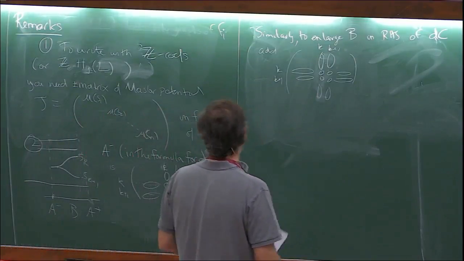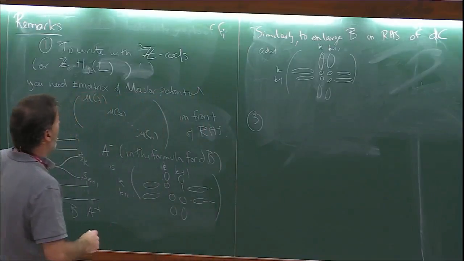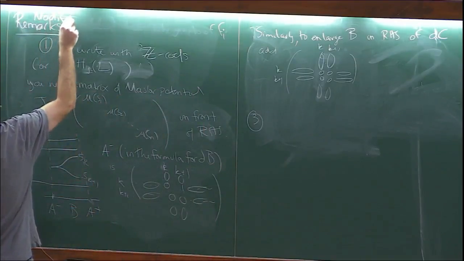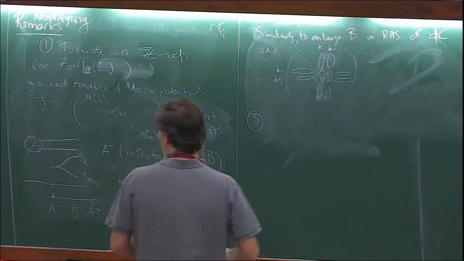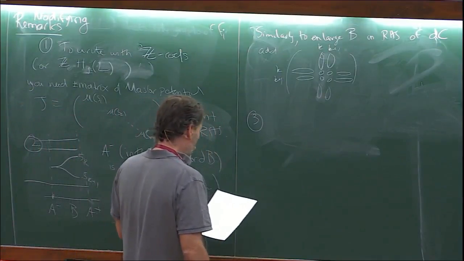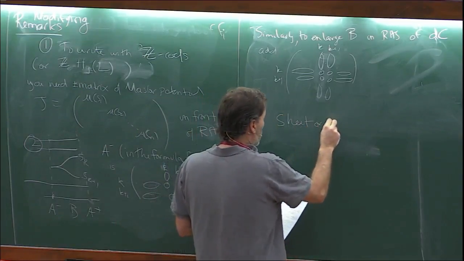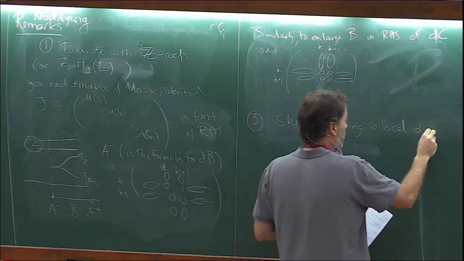Another modification you have to do to this formula is the idea that sheets are not globally ordered. So sheet ordering is only local due to crossing sheets.